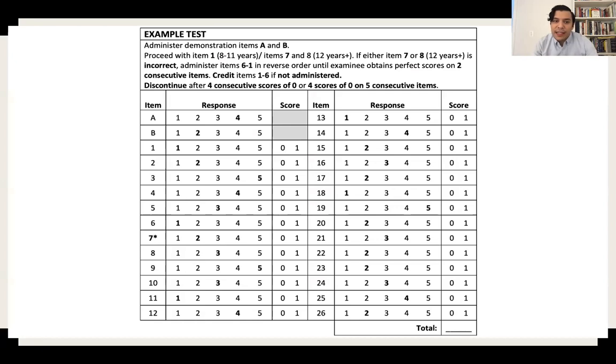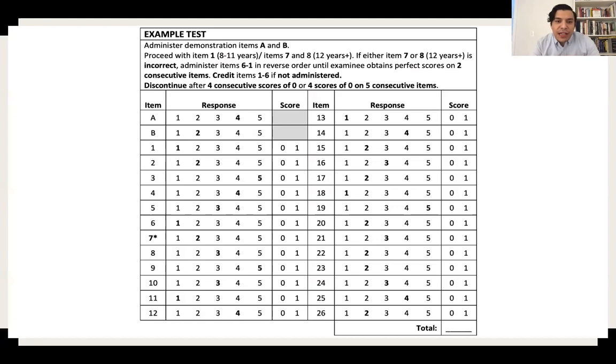And so here is an example protocol of a test. It is based off of the WASI matrix reasoning. However, I have created these items to protect test security. So these are not the actual items or the actual correct or incorrect responses. And so first, let's read the instructions.